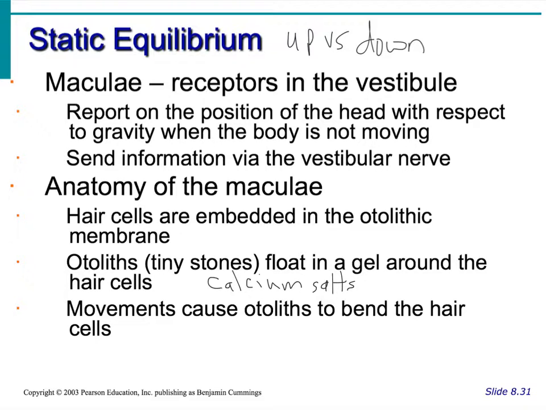And they're floating in the gel, and then when your head tilts in some direction against gravity, the weight of the stones pulls the gel and causes the hair cells to bend in that direction, telling you which way gravity is pulling you.